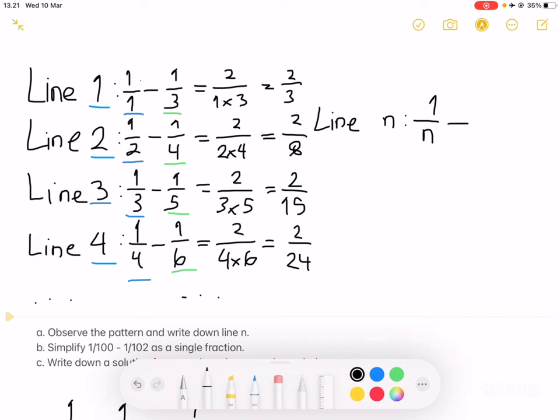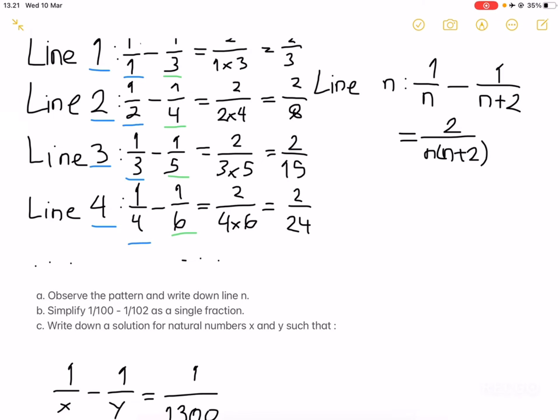So the numerator of the second fraction will still be the same, except the denominator will be n plus 2. And this is equal to 2 over the product of the denominators. So there we go.